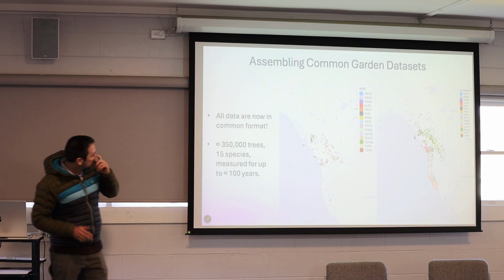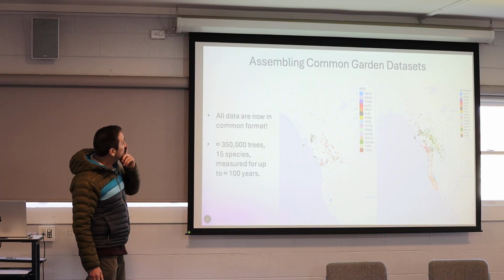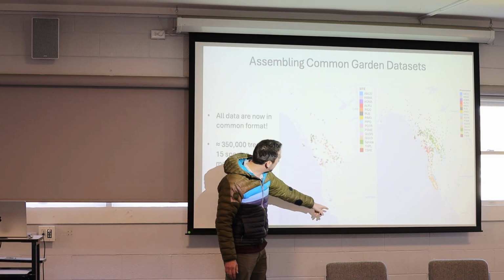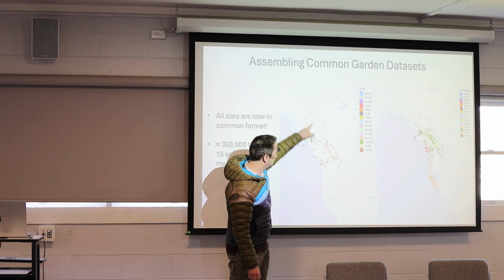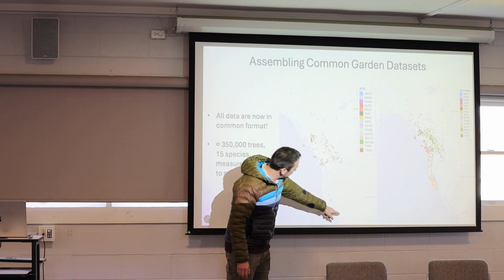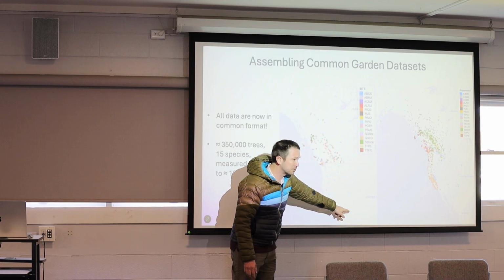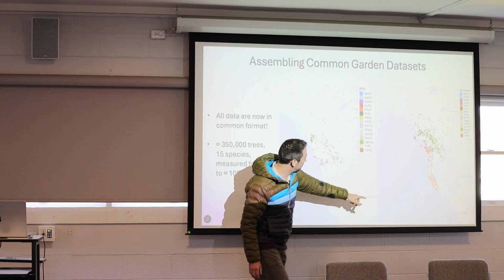So this is just locations of common garden sites. There are 15 species that we're working with, and these are the locations that are planted. You can see most of them up in British Columbia, with less data down in California. One site in Arizona, I think, is one of the ones that's grown for close to 100 years.